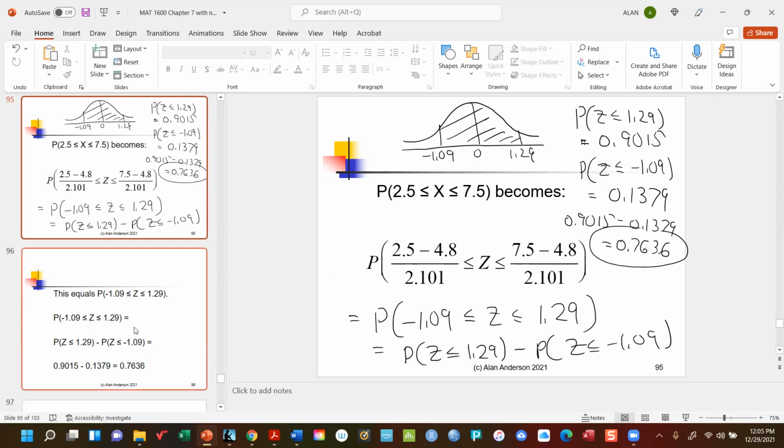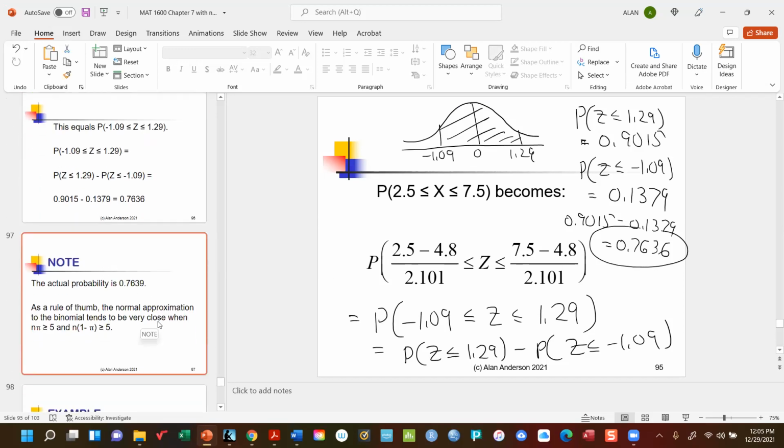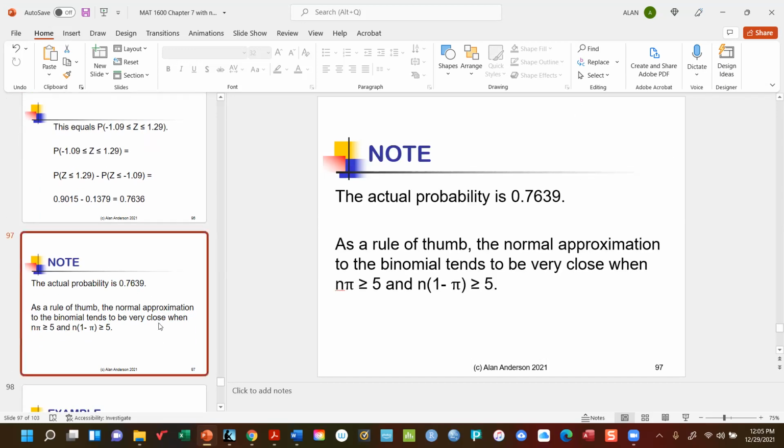All right, now I also went ahead and calculated the actual probability. So remember, we got the approximate probability 0.7636.